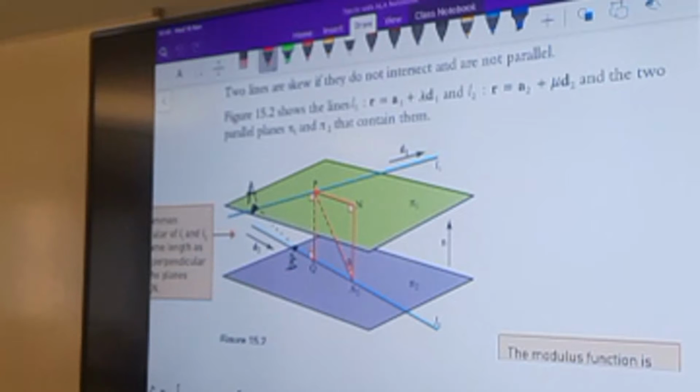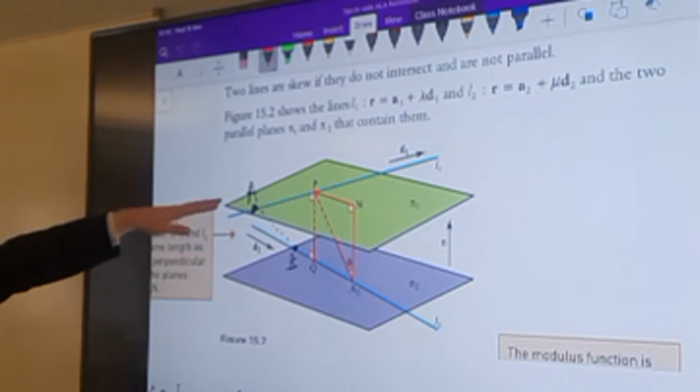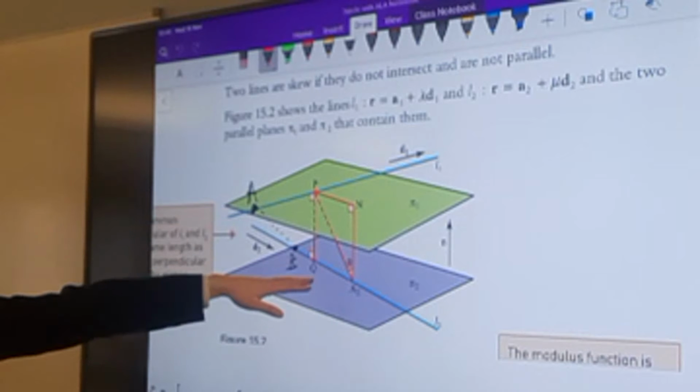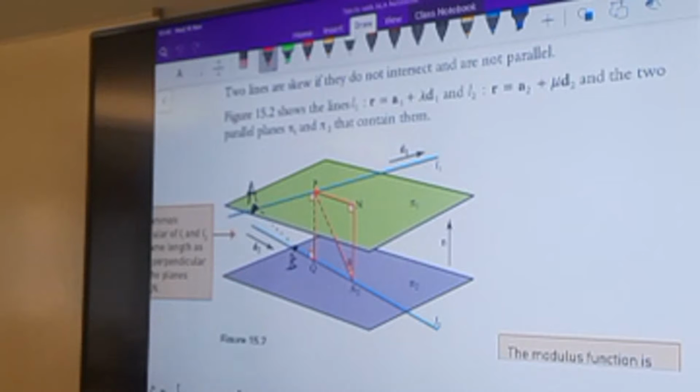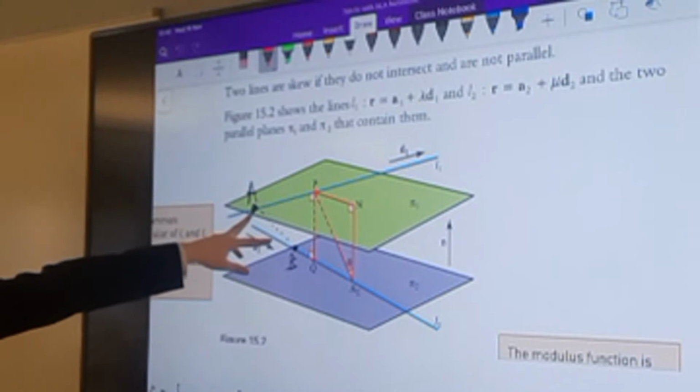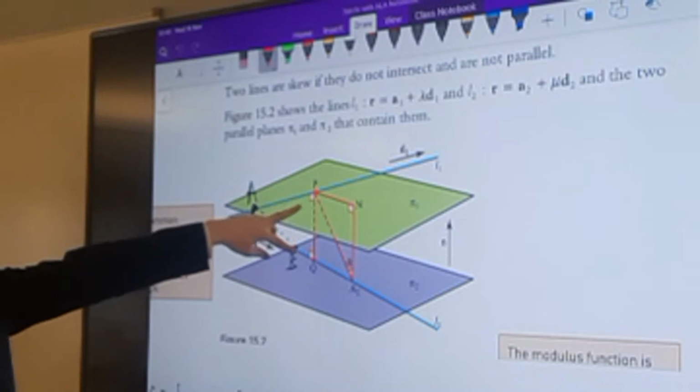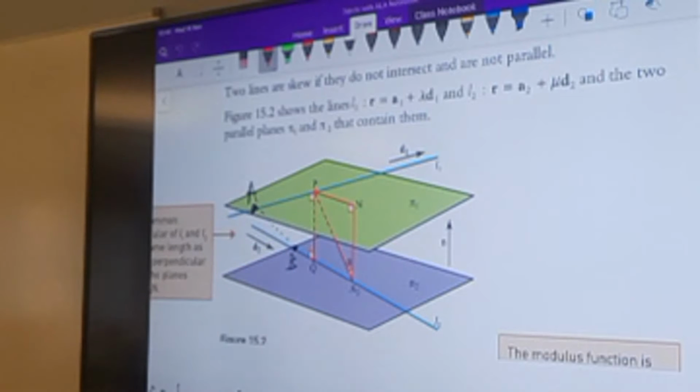There's nothing for it but to keep looking at that diagram and you see where these planes come from. We want parallel planes. The normals to the planes are normal to both those lines. And then all we need to do is find the component of that length in that direction. Okay.